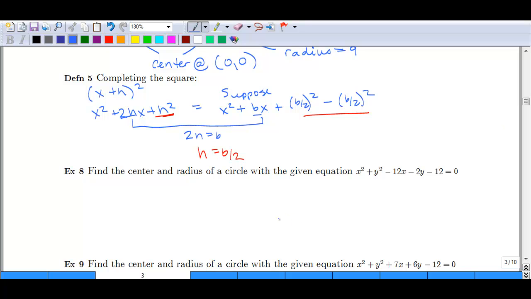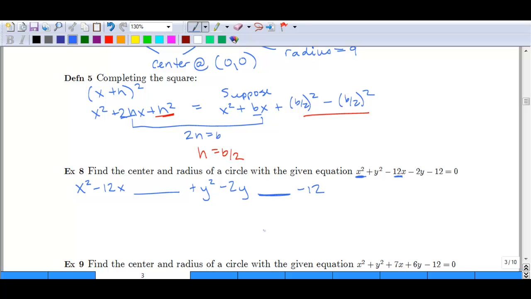So, first example here. We're going to have to do this completing the square for both x and y. We're going to rewrite this in order: x squared minus 12x, so we put the x pieces together, and then we leave a little space, and then we have plus y squared minus 2y, and again we leave a little space, and then we have our minus 12.